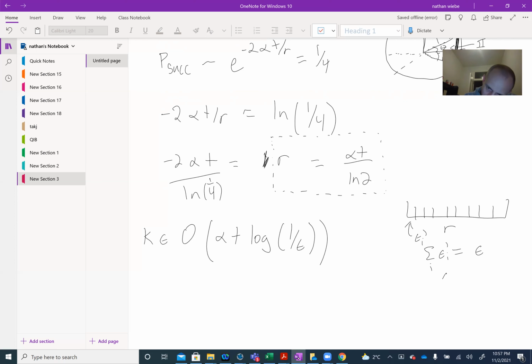So it suffices to pick epsilon i prime uniformly to be equal to epsilon over r. And that's equivalent to picking epsilon i prime equal to epsilon ln 2 over alpha t.